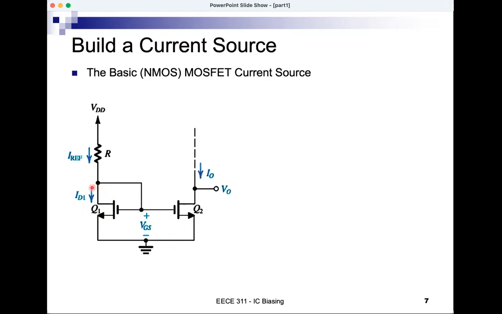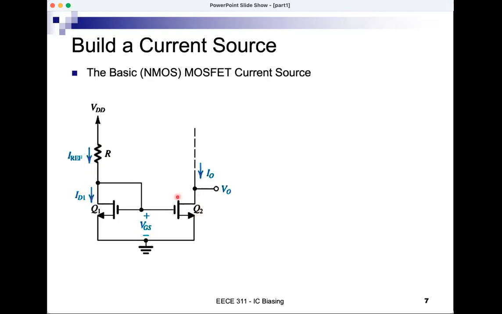And this means that VDS of Q1 is the same as VGS for Q1. And then I have a resistor from the drain of Q1 to the supply VDD. This resistor is R. And the current that I call the reference current is flowing in R. And I'm showing here ID1.